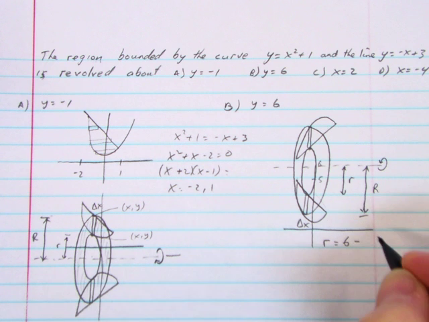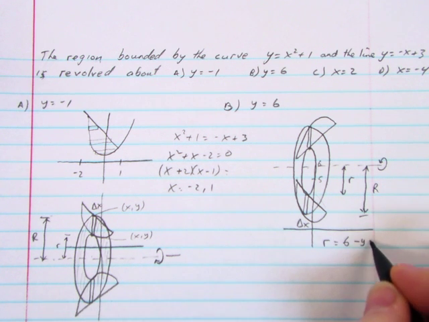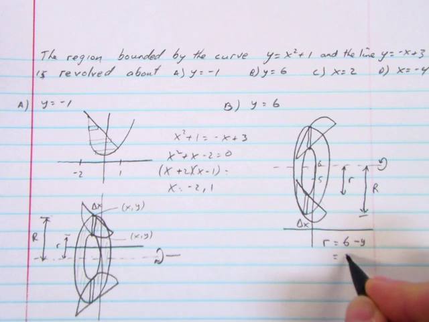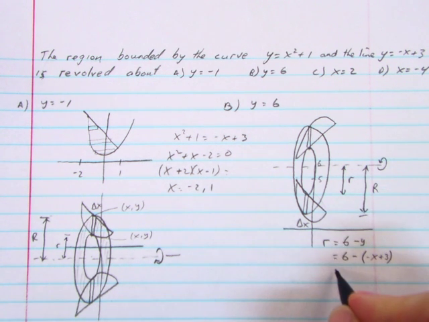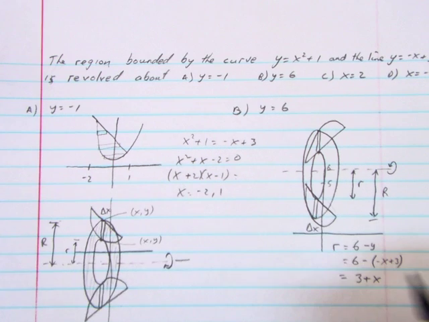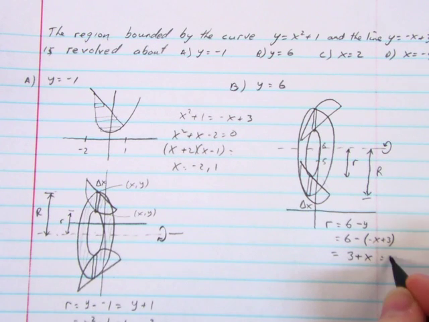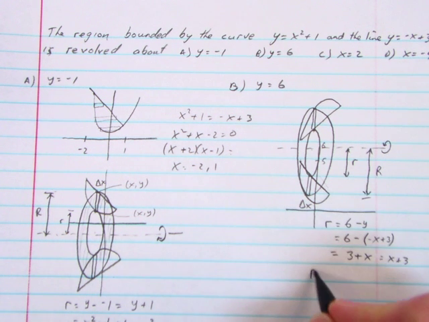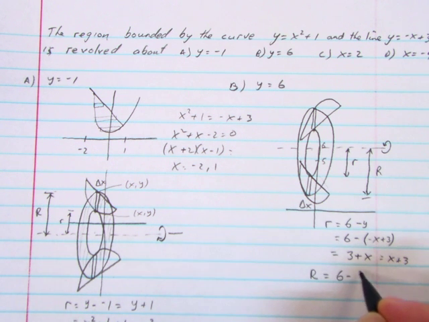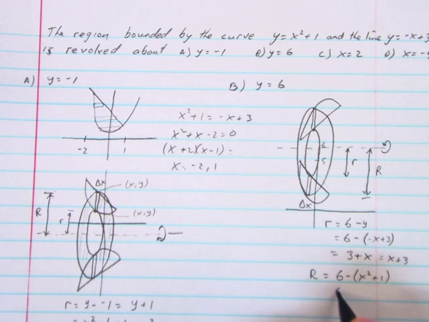So it's going to be 6 minus that y, and that is a line, so 6 minus negative x plus 3, which we get 3 plus x, or we can say x plus 3. And then we have the capital R, and that's going to be computed the same way, except this time it'll be 6 minus y, and the y is x squared plus 1. So that'll give us 5 minus x squared.